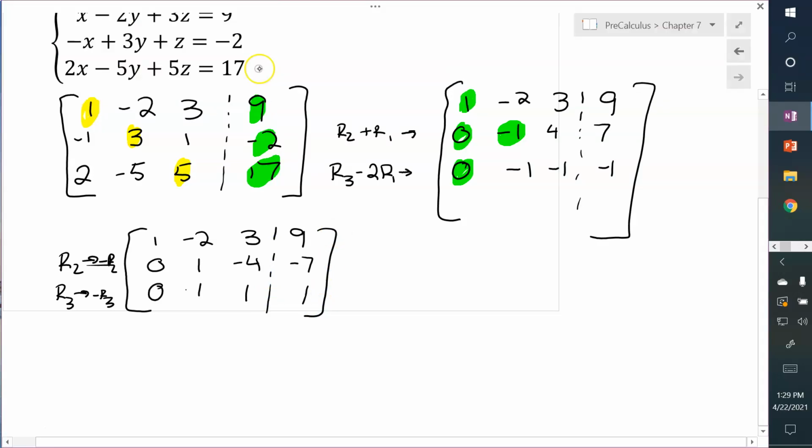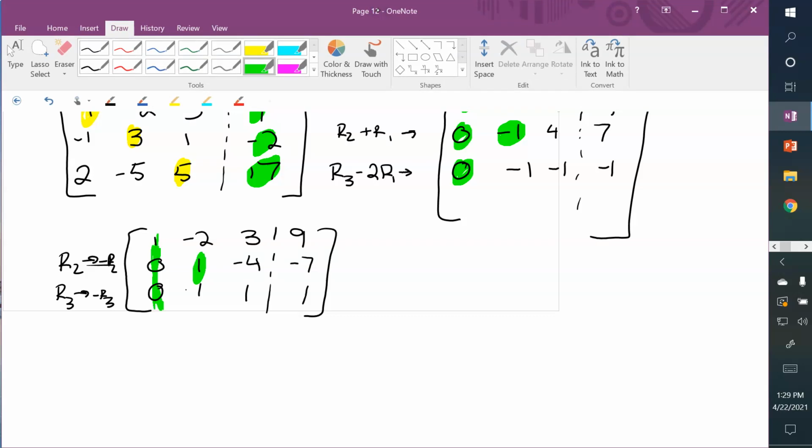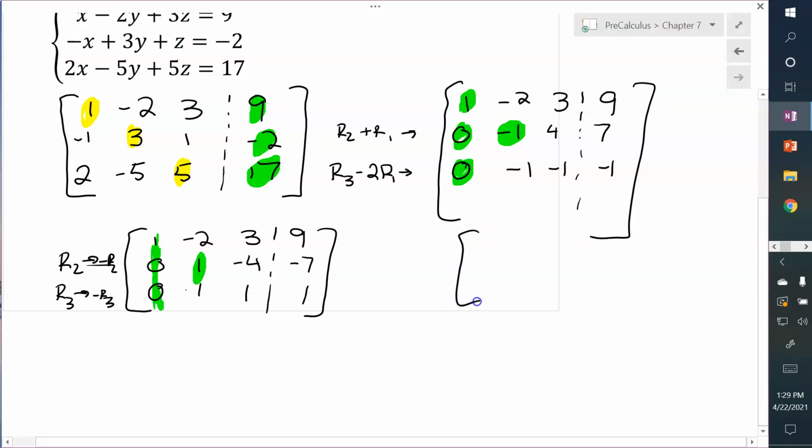All right. So this is good. I have a 1 in the second spot of row 3. I want to make that go away. So what I'm going to do there, come over here.